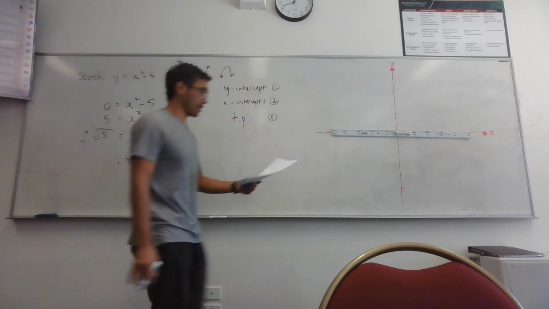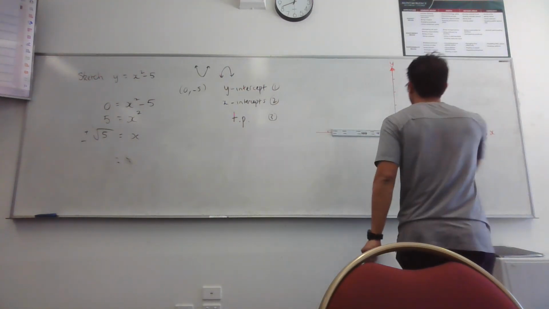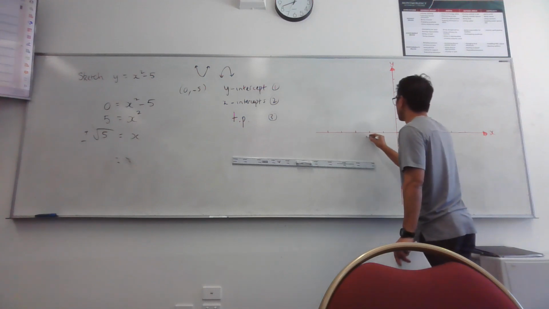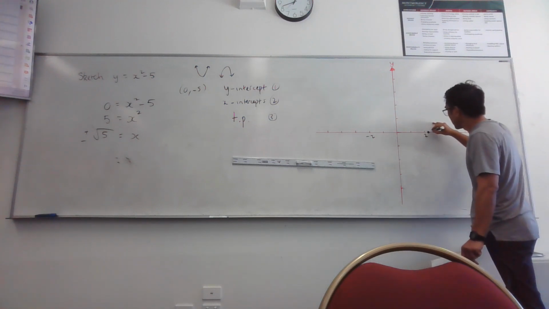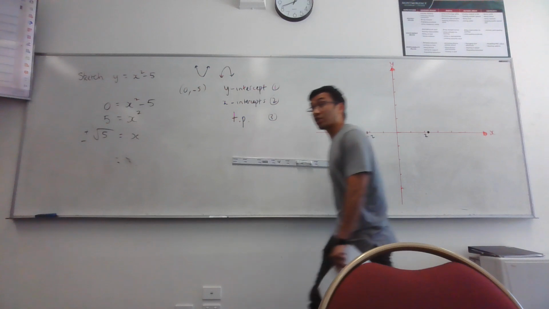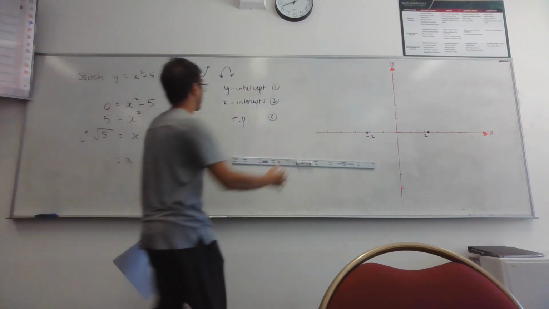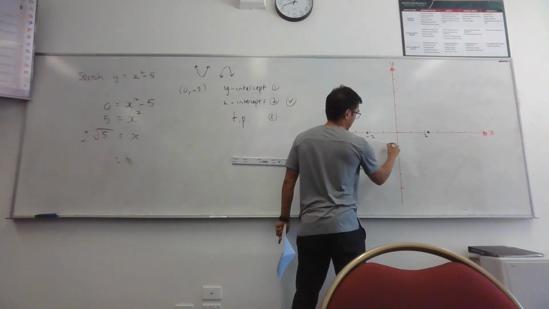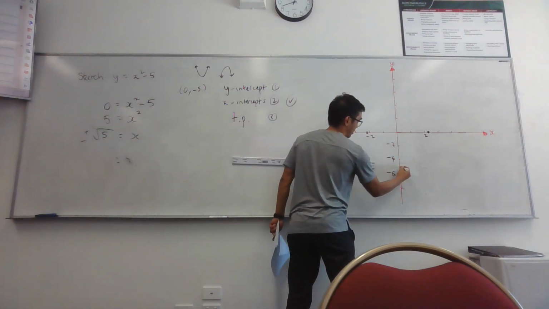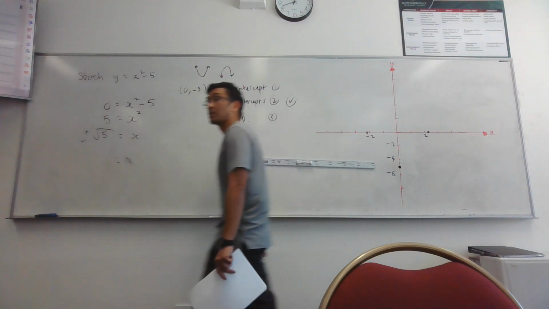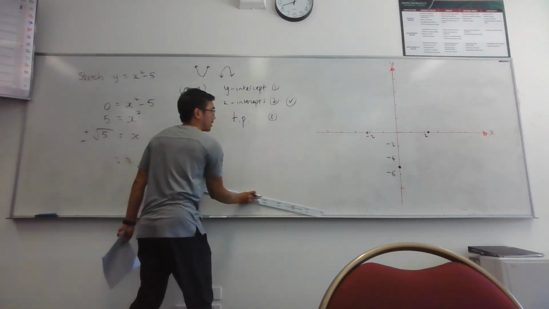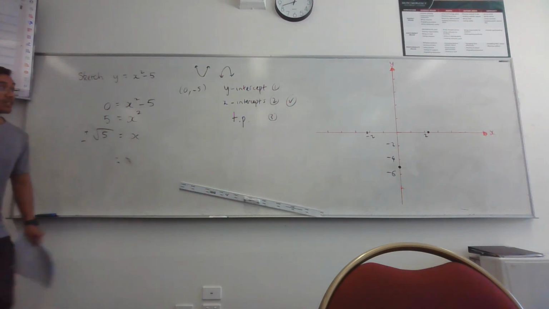Now think about the square root of 5. If you put that in your calculator, it's roughly 2.2. So I put my 2 intercepts in there. I'll look for my y-intercept. It's -5. Let's go in 2s here because I'm going to run out of space. We'll get to whether it's a maximum or minimum.